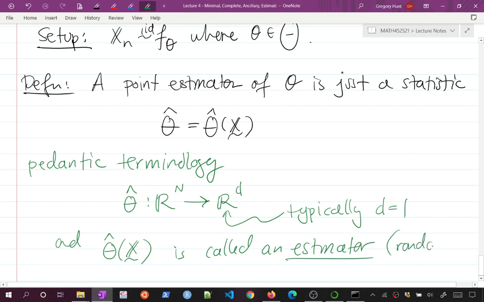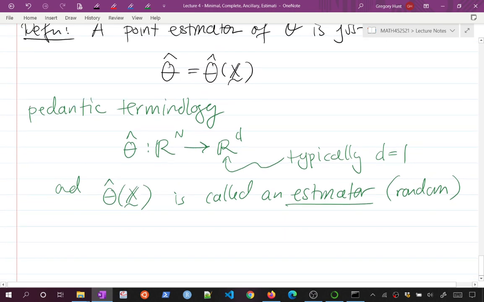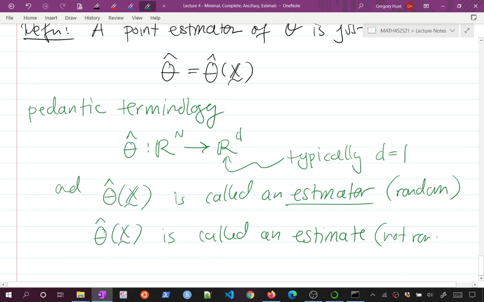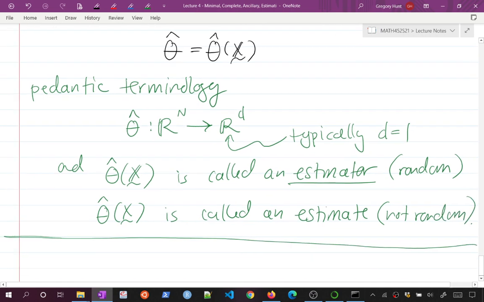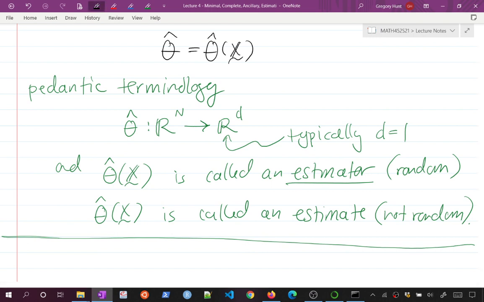An estimator is a random variable. Theta hat of a particular realization of our random variables is called an estimate, and this is not random. You occasionally come across this terminology, so I thought I'd let you in on it. An estimator is basically the random variable version of an estimate, which is a particular realization of our estimator.